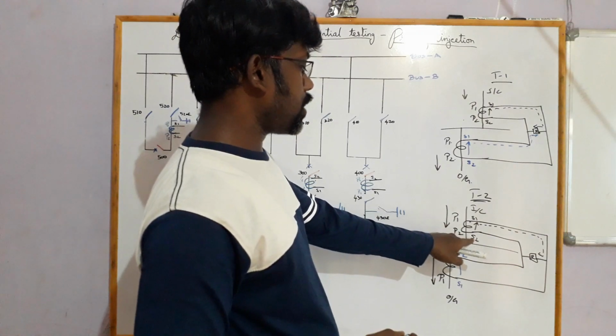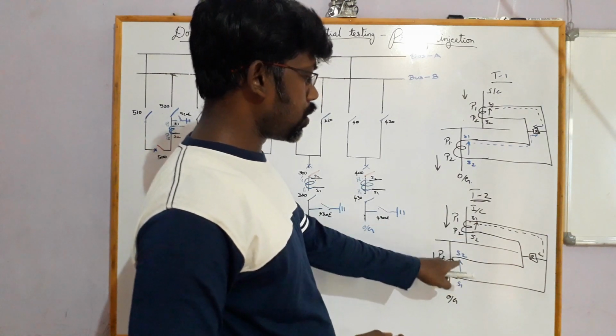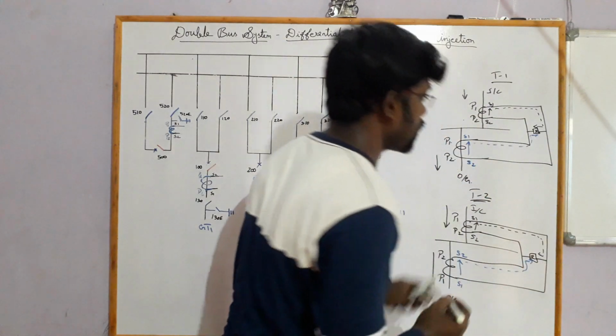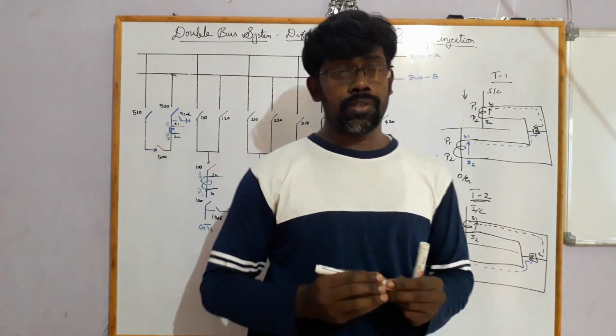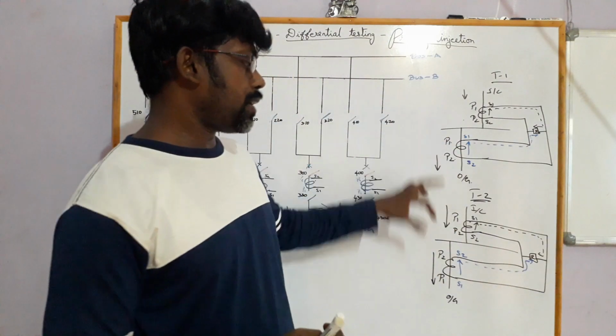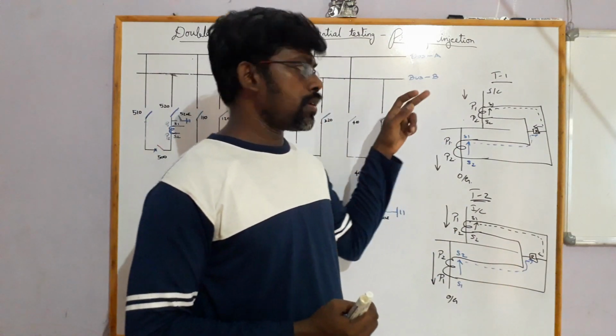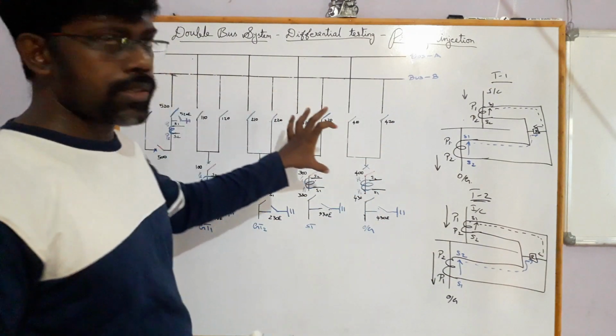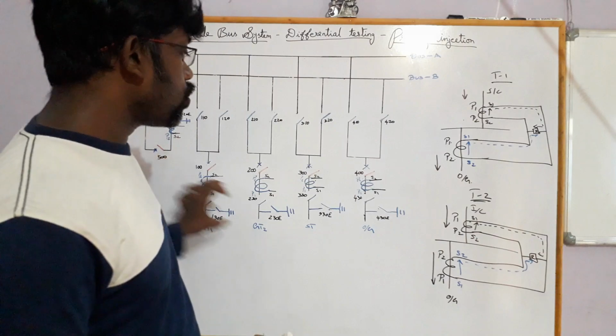Here, if you see, it is S2 to S1, but here it is S1 to S2. So here also the current flow is in opposite direction. Both the currents flow in opposite, but the polarity is different here. When you match with our scheme, it belongs to type 2.